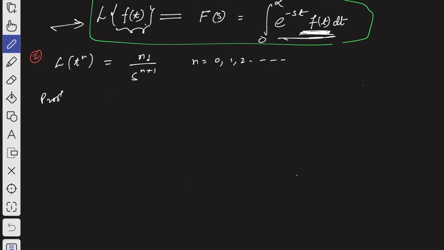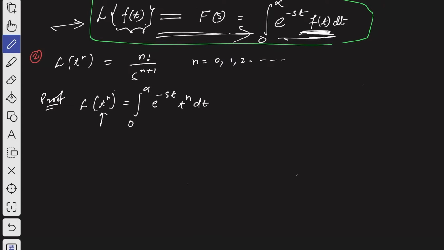Now let us prove this. Here you see, Laplace transformation of t to the power n, and according to this formula, integration 0 to infinity e to the power minus st f of t, here f of t is t to the power n, so t to the power n dt. That's what we have got. This is, suppose, equation number 1.